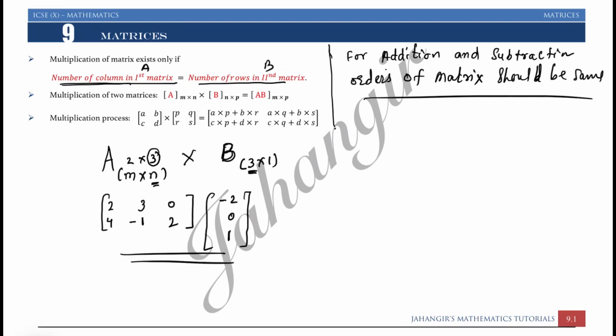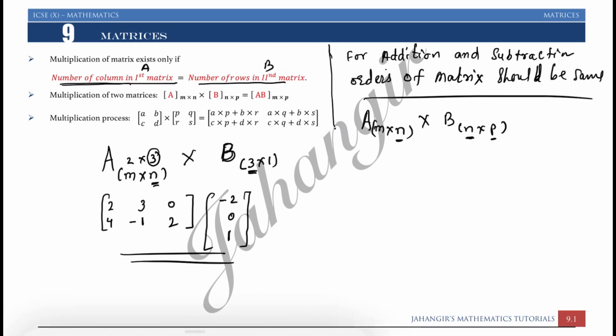Multiplication is only possible when the first matrix's order is m times n, multiplied by B whose order should be n times p. P can be anything. So these two n's should always be the same.